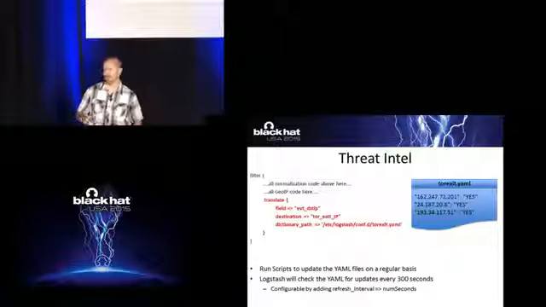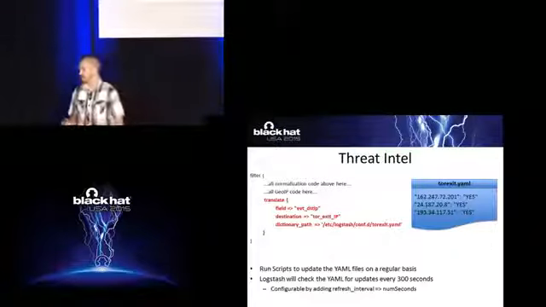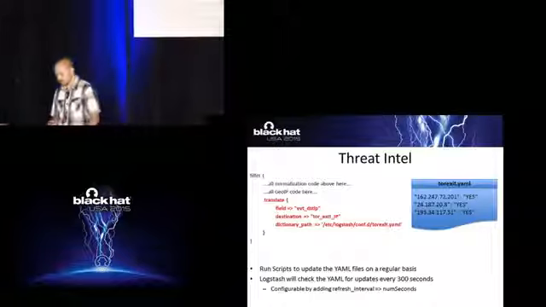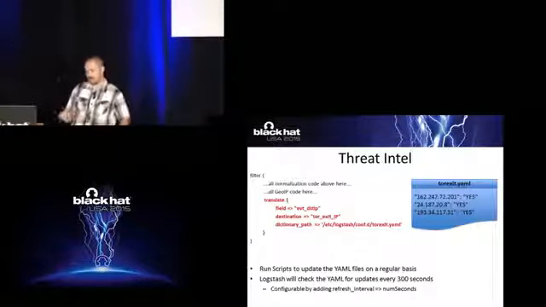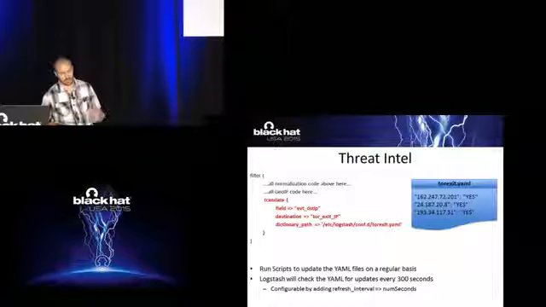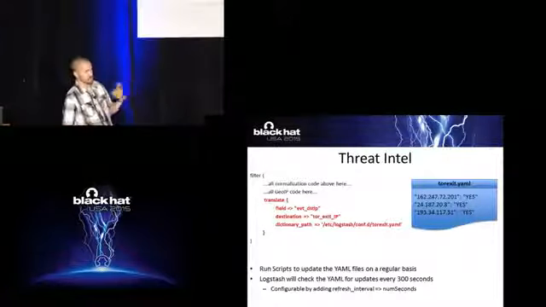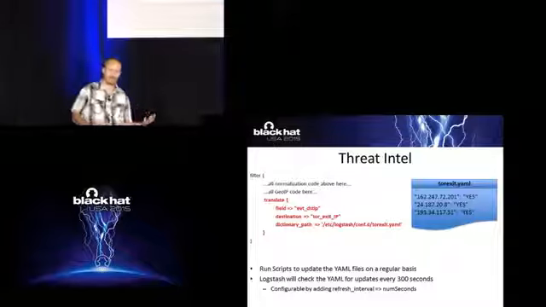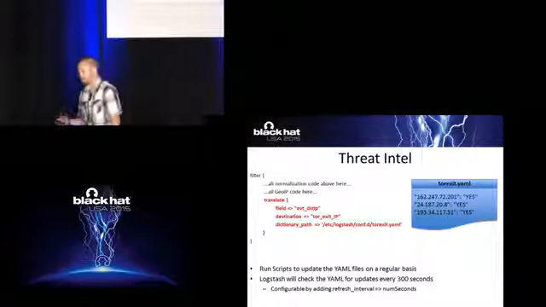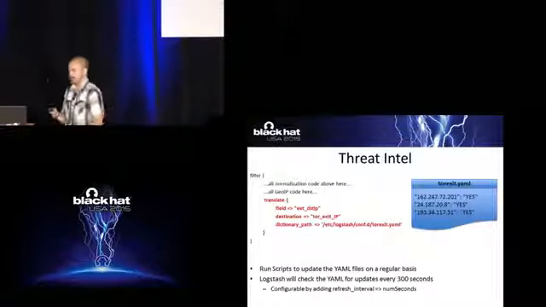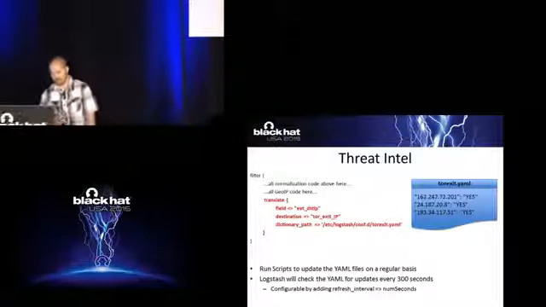That's where I hit my limit, but that was running on a Raspberry Pi, so that might have been because it was on a Raspberry Pi. The cool thing is you can run scripts, collect this data on a regular basis, normalize it into a YAML file, and Logstash will just re-index that YAML file every 300 seconds, every 5 minutes. You can configure it if that's too much or too little. But in real time, you can get this information out of threat intelligence.